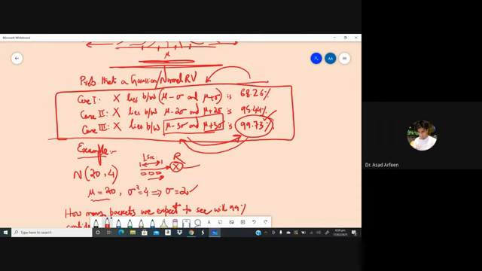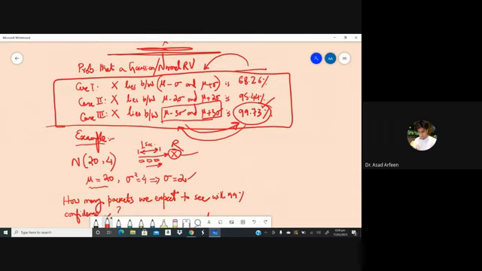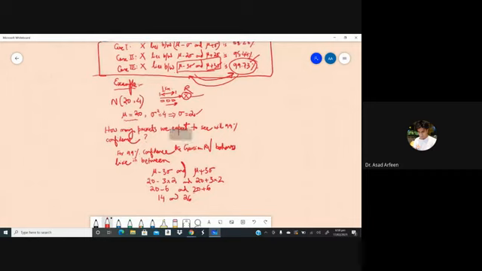And another two more distributions are important. Let me write down the formula here.